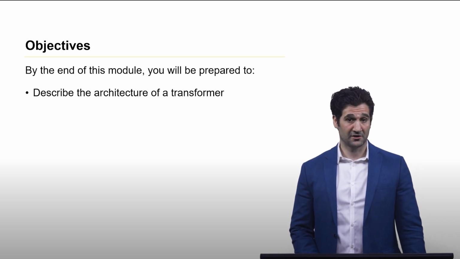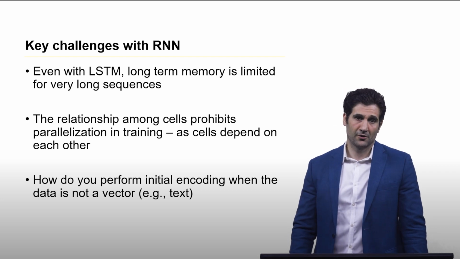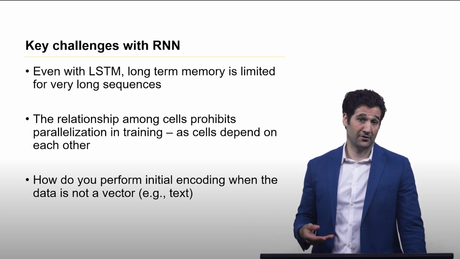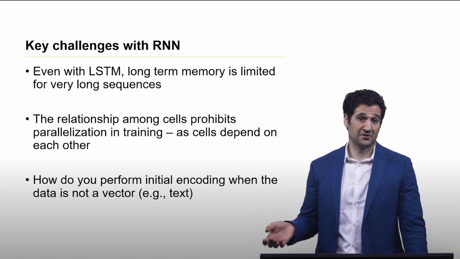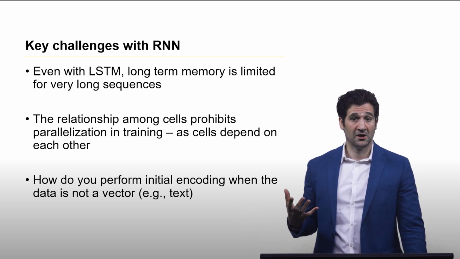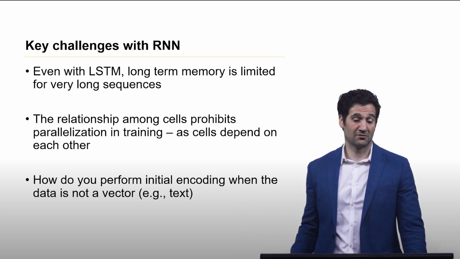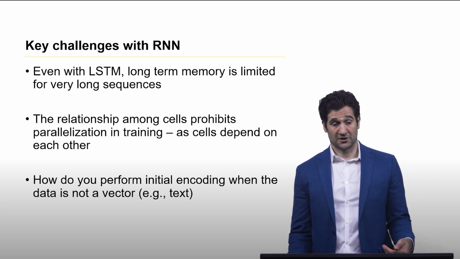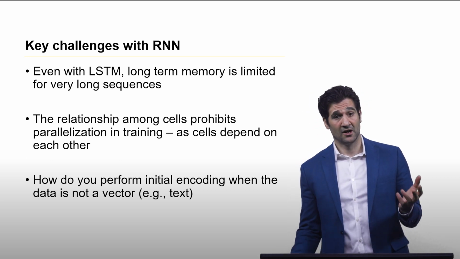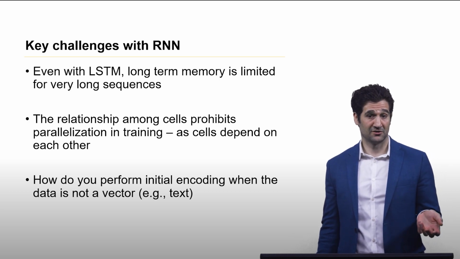So here's our objective. So let's go back to the challenges with recurrent neural networks. Even sophisticated RNNs such as long short-term memory, the long-term memory is limited for very long sequences of information. Also, this hidden state that we had among cells prohibits parallelization in training.